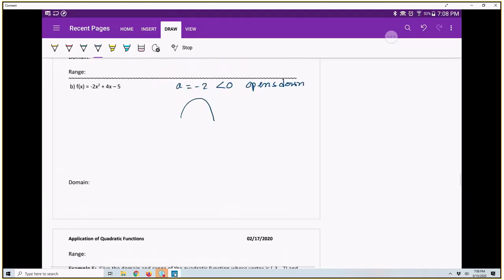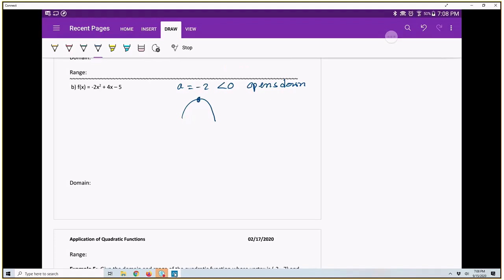And remember, this tells us that now we have a maximum in this situation. So b is equal to 4 and c equal to negative 5, which is going to help us find the vertex. H is going to be negative b over 2a. So that's minus 4 over 2 times negative 2, which is minus 4 over minus 4, and that's 1.